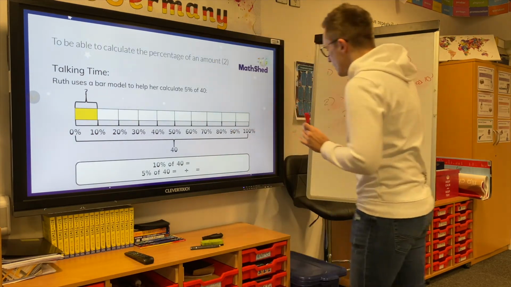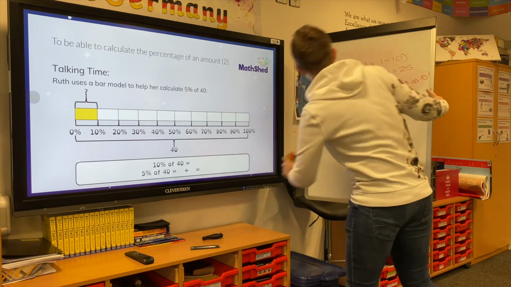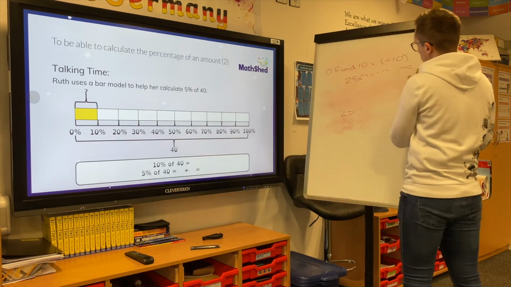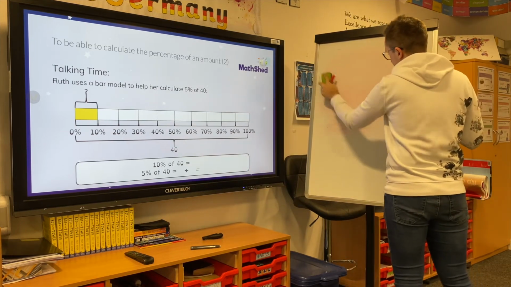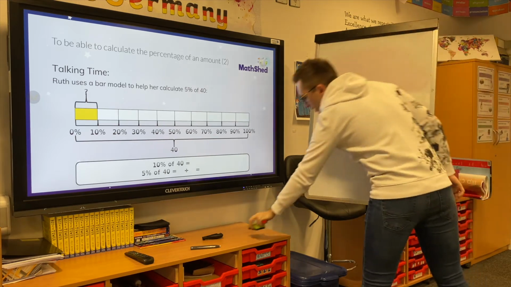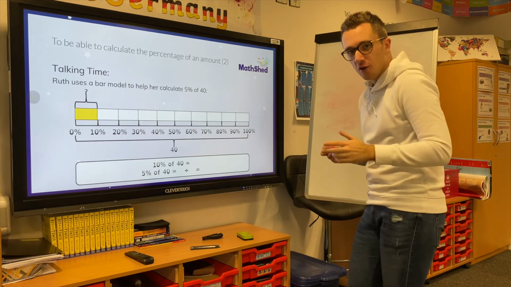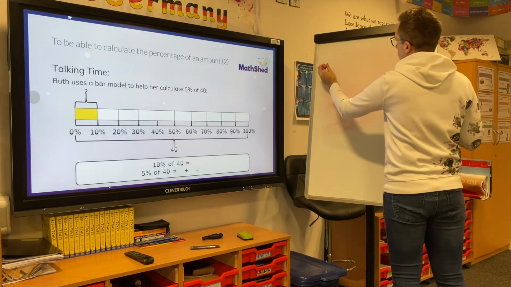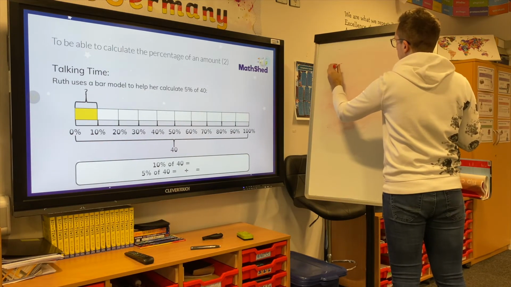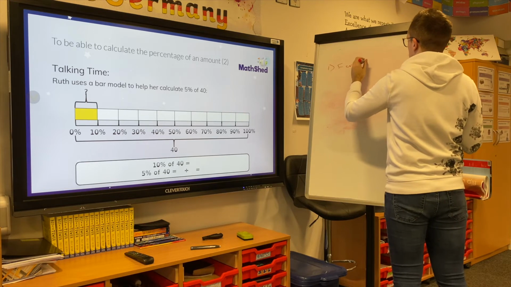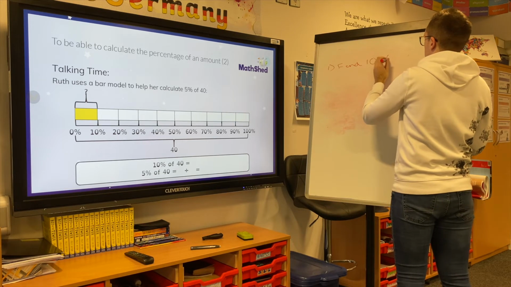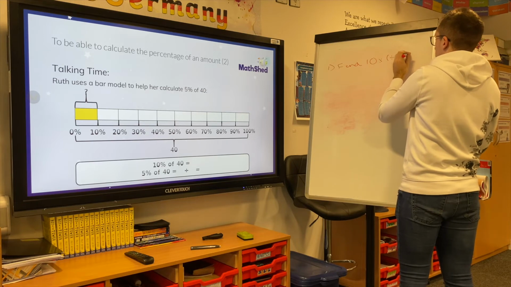To find 5%, again, we're going to find 10% first, by dividing by 10.